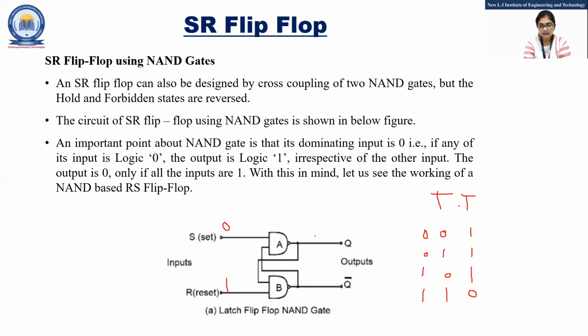So this output will be 1 according to this truth table. Now this 1 we are applying to one of the inputs of NAND gate B. Now here to this NAND gate B, we are applying 1, 1. So 1, 1 means output, this Q dash, will be 0. Fine. So Q will be 1, Q dash will be 0. You can see here, we are getting complement outputs.